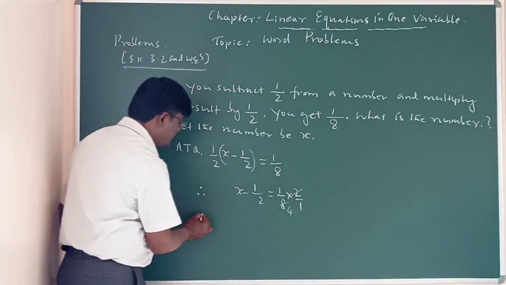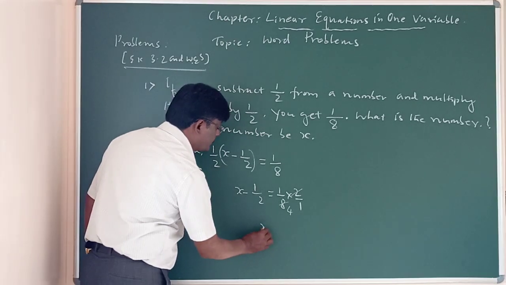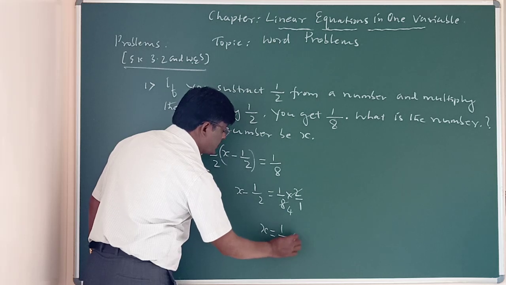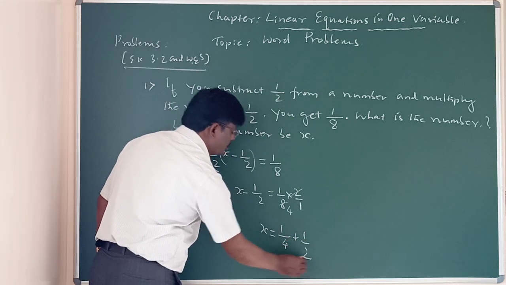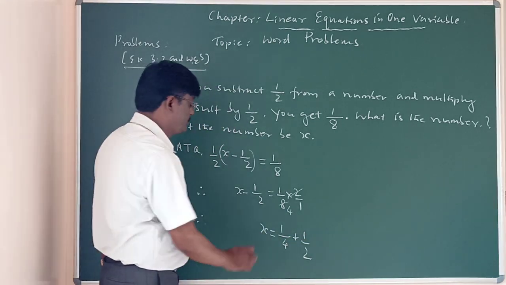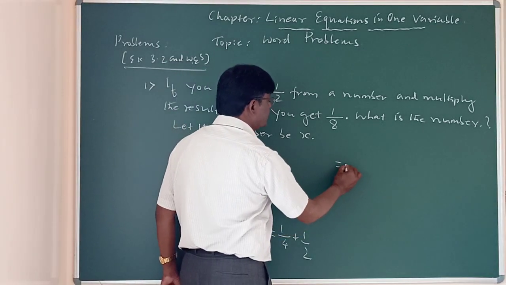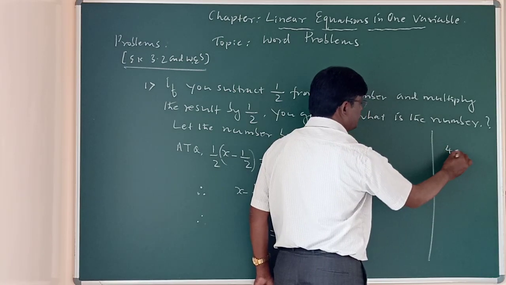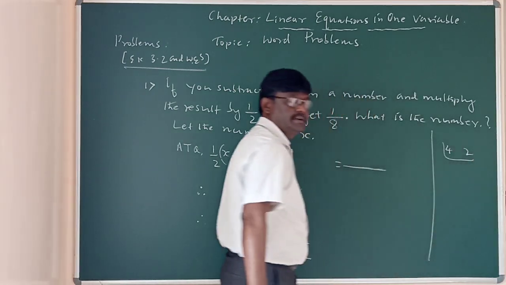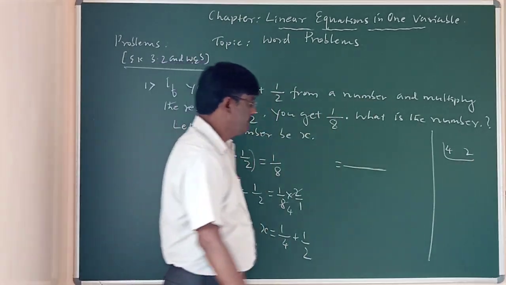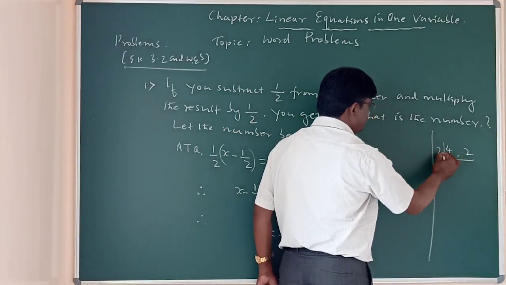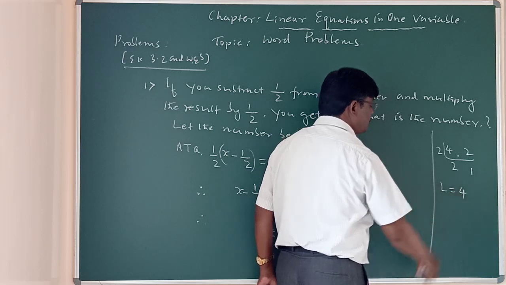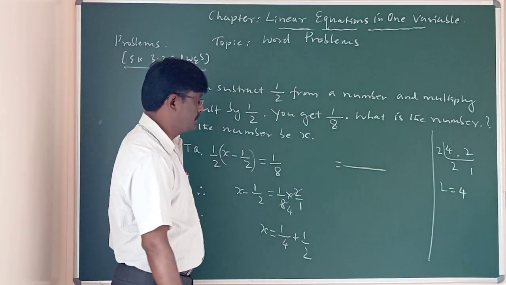Now keeping the unknown on the left hand side, send the known to the right. 1 by 2 minus becomes plus. What is the LCM of 4 and 2? Taking the common factor, the LCM is 4.